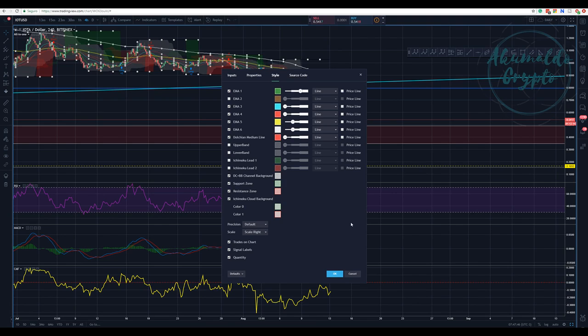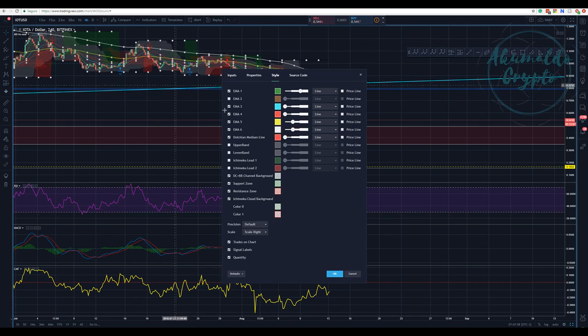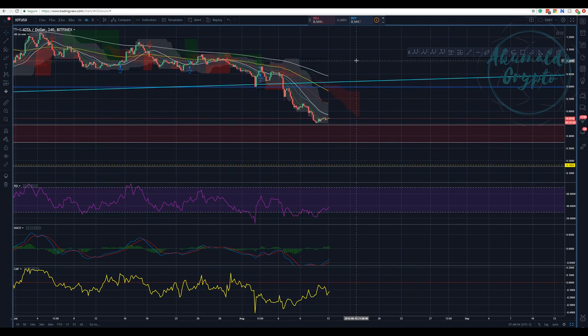If you like the Donchian median line, sometimes the Donchian median line dictates the movement, right? This time, let me change the color. White, make it thicker, and there you are, together with the 21. So I expect this is a strong resistance.